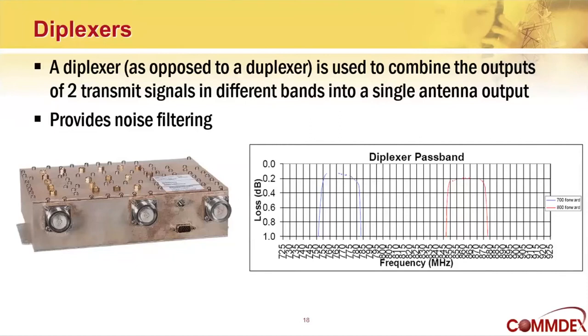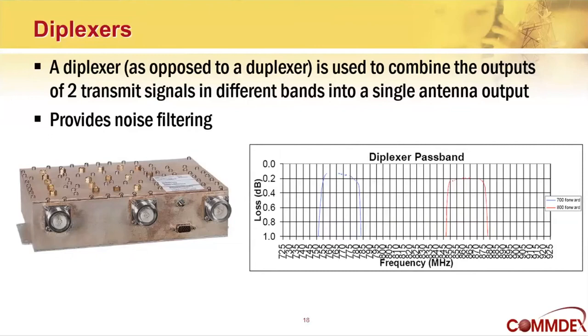Now you may have heard of a diplexer. It sounds like duplexer, but it's a different kind of device. A diplexer works on the transmit side and is used to combine outputs of two transmit signals in different bands to use a single antenna.